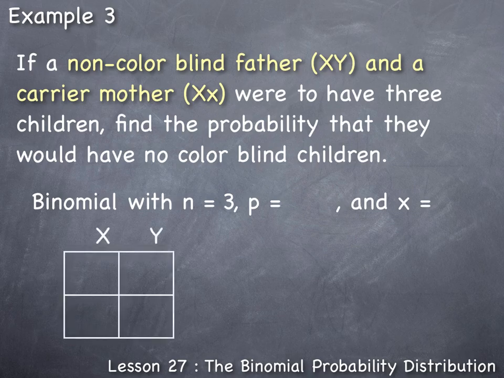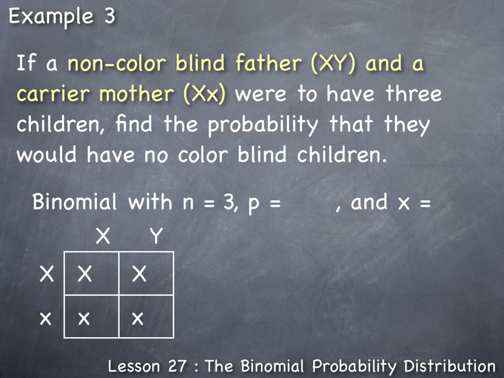So the father has the capital X and the Y sex chromosomes, and the mother has the capital X and mutated lowercase x sex chromosomes. Now the mother can pass on to her child either her working form of the X chromosome or her mutated form of the X chromosome.